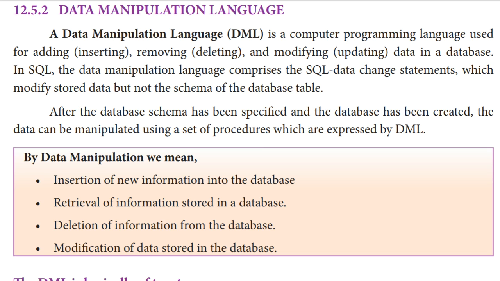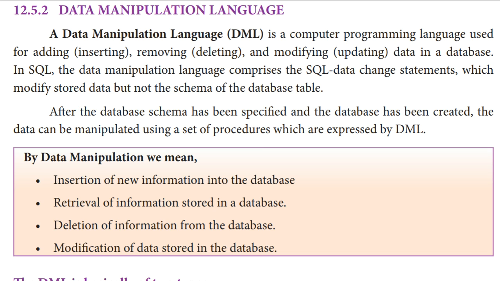In SQL, the data manipulation language comprises the SQL data change statements, which modify stored data but not the schema of the database table. If we use the modifying, that is the updating command, it will change only the data; it won't change the structure of the table.